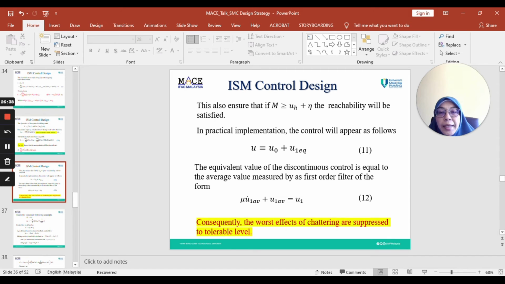Again, if we want to enforce strong reachability, we have to satisfy this equation.